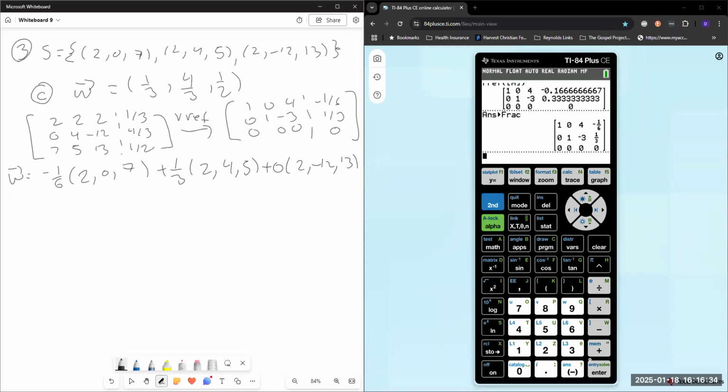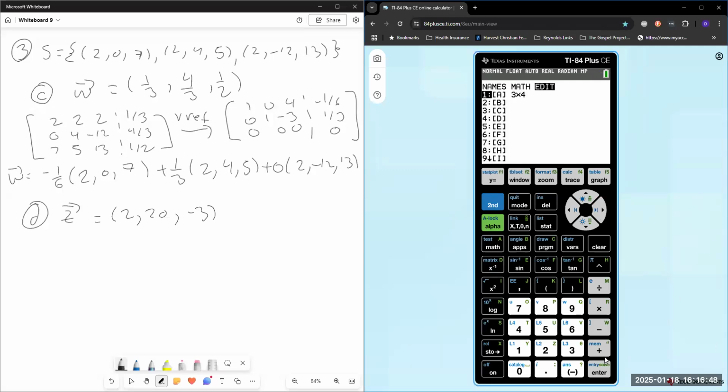And let's look at part D, which is Z equals (2, 20, -3).